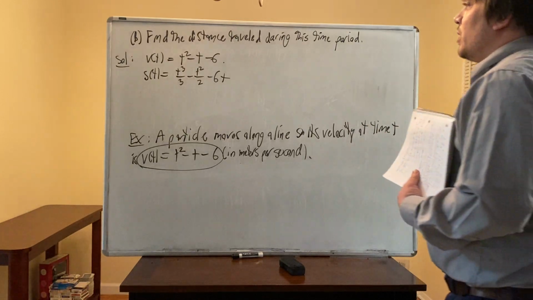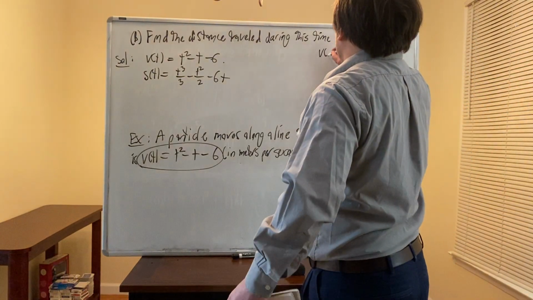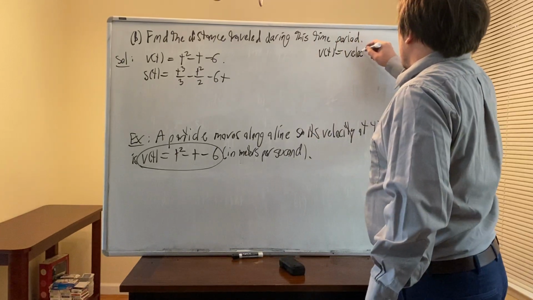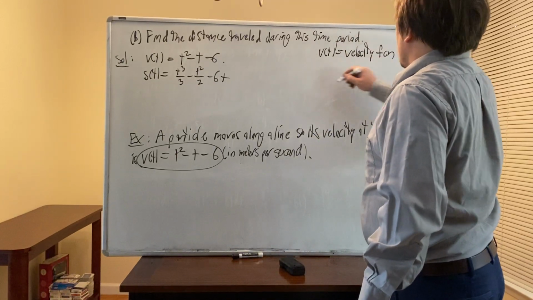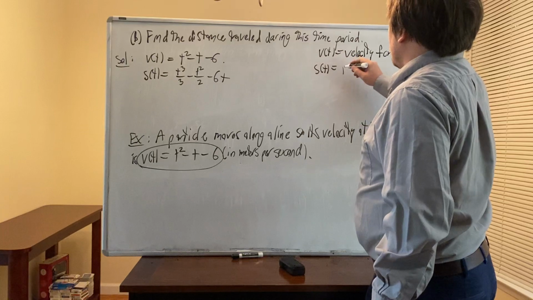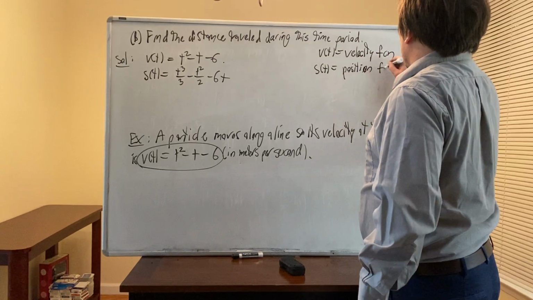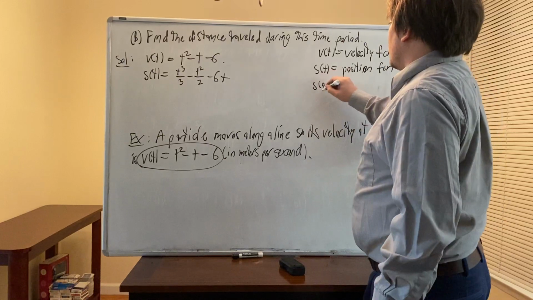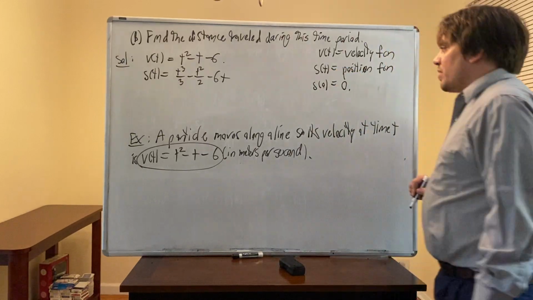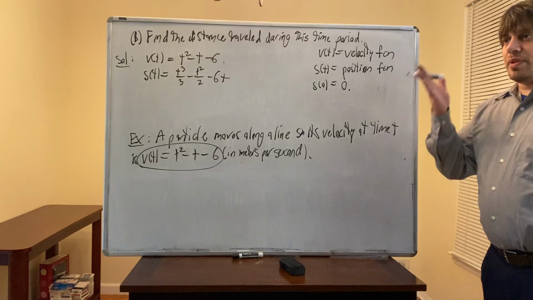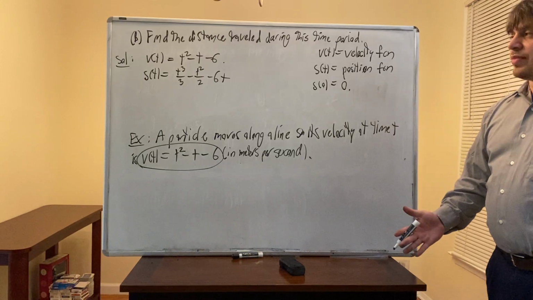Okay, so v of t is the velocity function. S of t is the position function. And we're going to start with the assumption that s of 0 equals 0. So we're going to say that we start at 0 in the beginning.